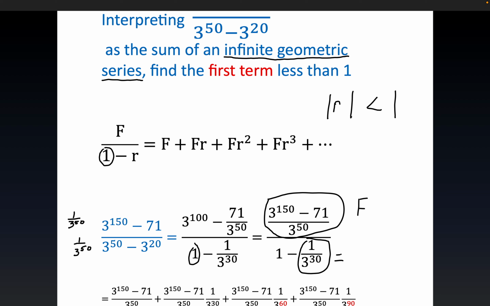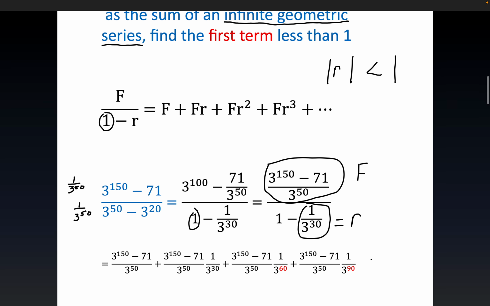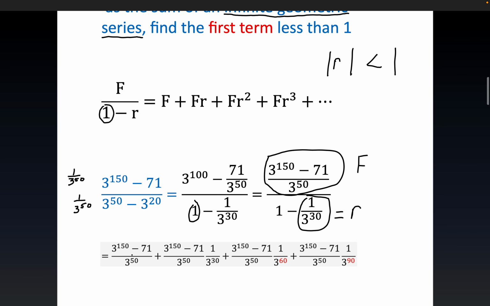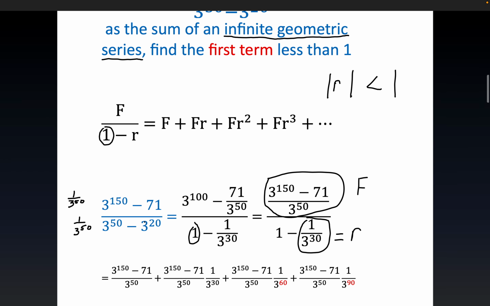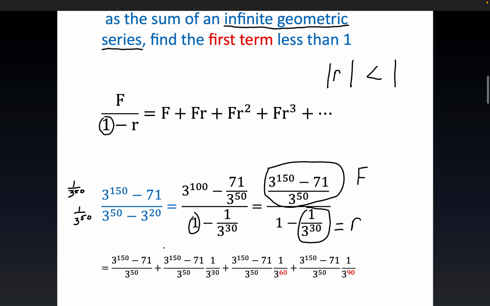So you see, we have everything from this nice, very clean, fairly famous formula here. We know what the first term is, and we know how to get the other terms by multiplying through by higher powers of R. So that's what happened here. Here's the first term, right? And again, we're looking for the first term that is less than 1. Well, this first term is certainly much greater than 1.